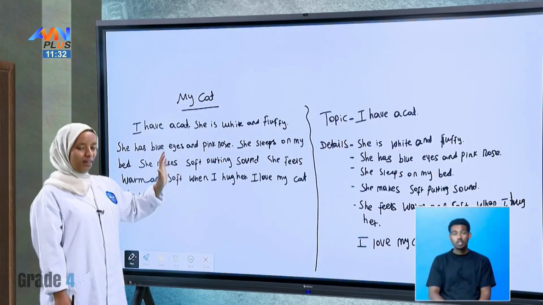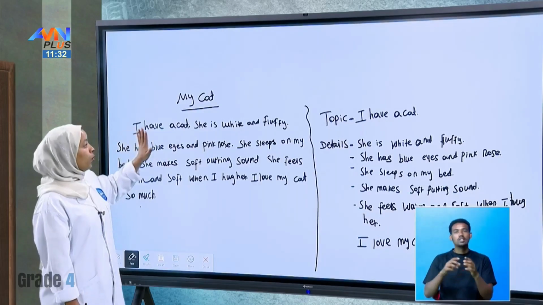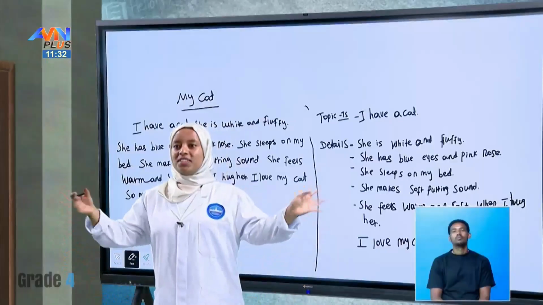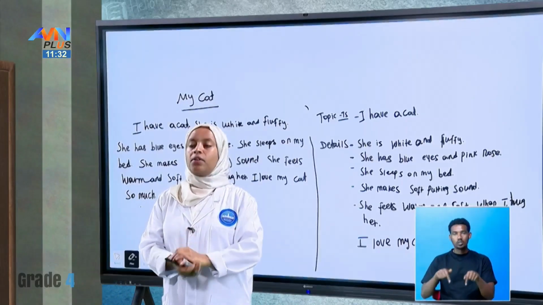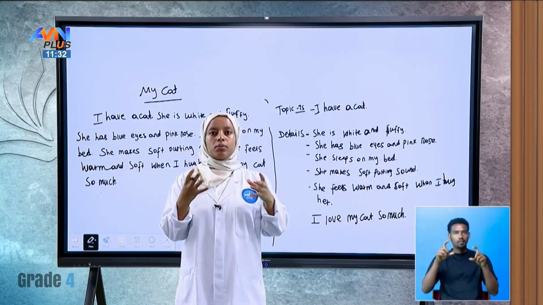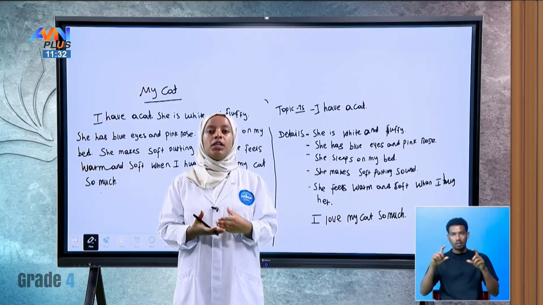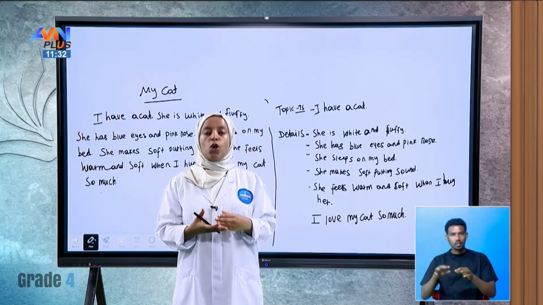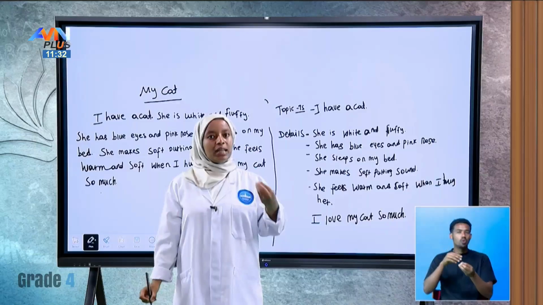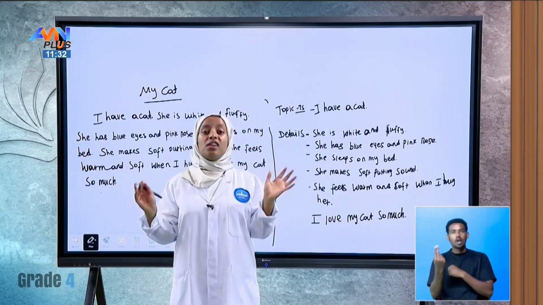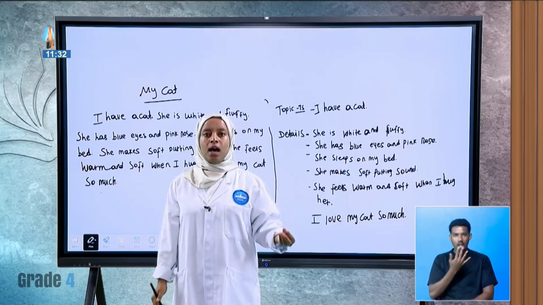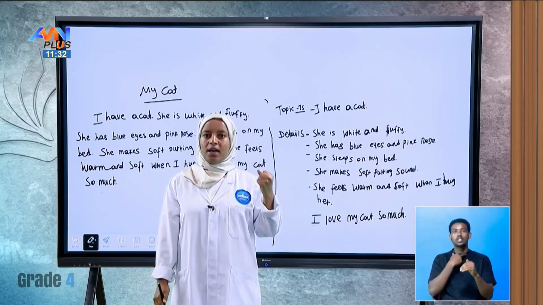So, students, this is also the part of descriptive paragraph. Students, let us summarize today's lesson. Today, we learned about paragraphs, especially descriptive paragraphs, by starting using different sentences. A descriptive paragraph tells you more detail by using different adjectives by color, size, sound, and touch.